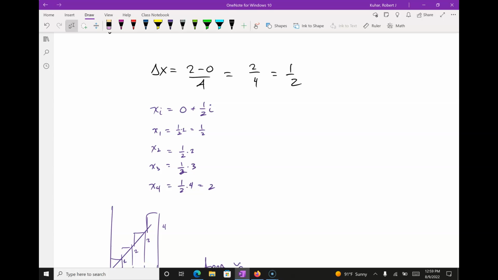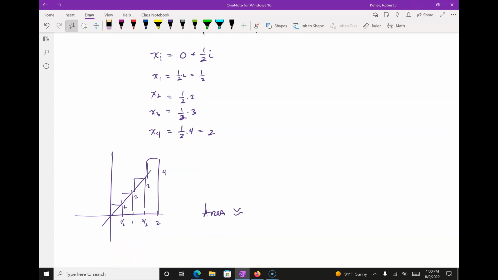I want the index to be number 1, first rectangle. And it's 1/2 times i, so 1/2 times 1. So my area is the sum from i equals 1 to 4 of 2x times 1/2.